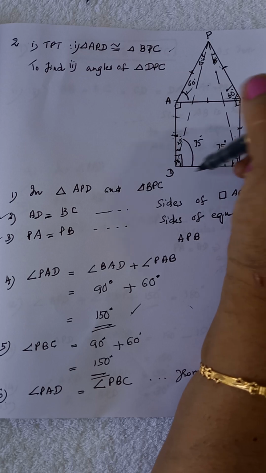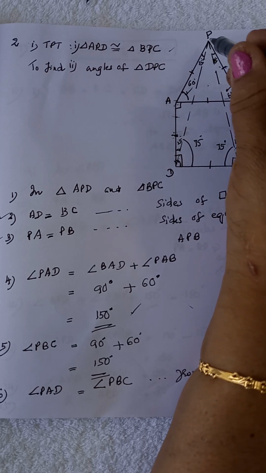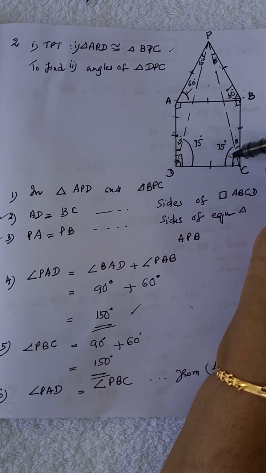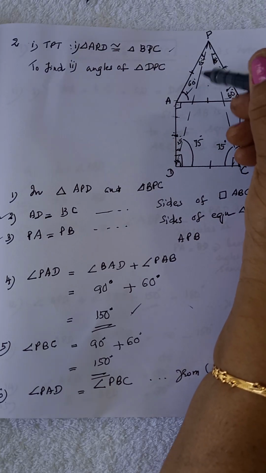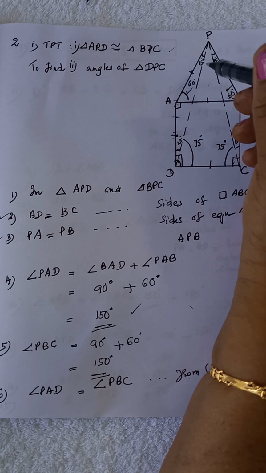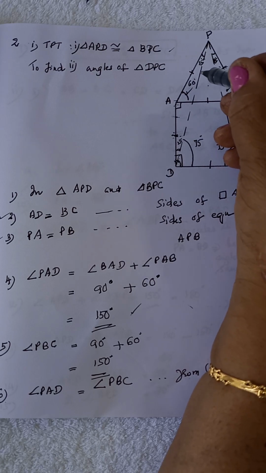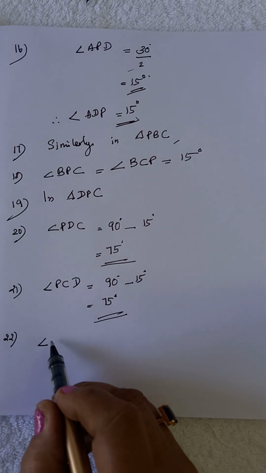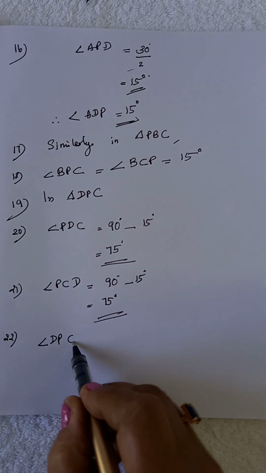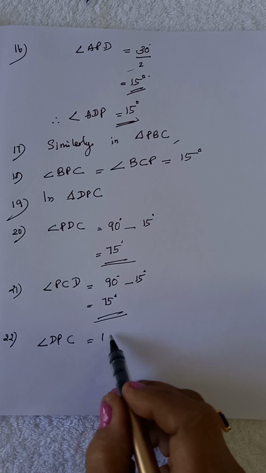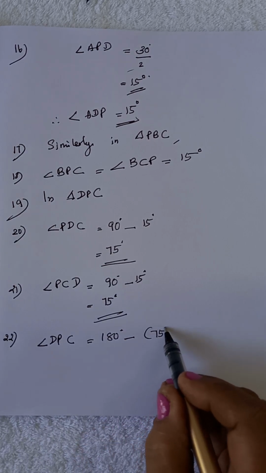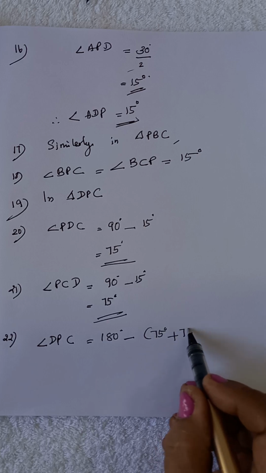So in this triangle DPC, sum of the angles will be angle PDC plus angle DCP plus angle CPD, that is 75 degree plus 75 degree plus angle CPD. So we can write that angle DPC is equal to 180 degree minus 75 degree plus 75 degree.